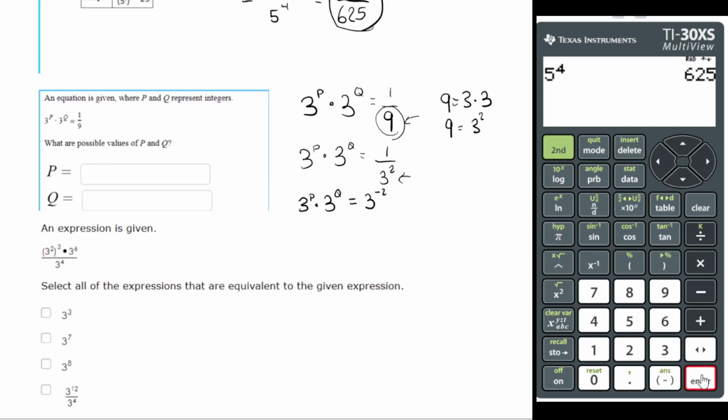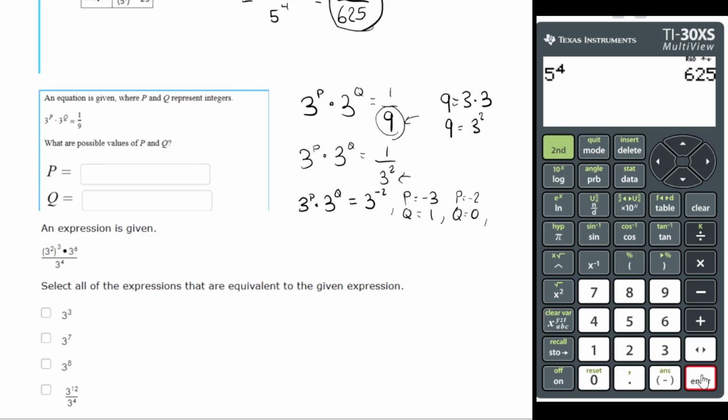So we know based on product rule that when you multiply numbers with like bases together, you add the exponents. So your combination of p and q can be any combination of numbers that add up to negative 2. For example, you could have p is negative 3 and q is 1. Or you could have p is negative 2 and q is 0.